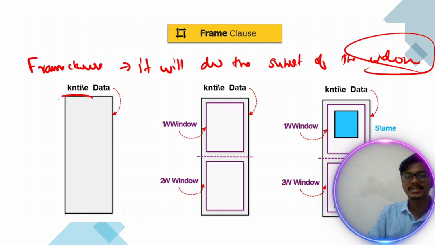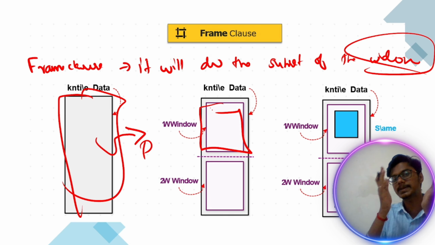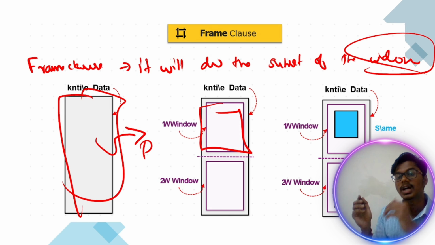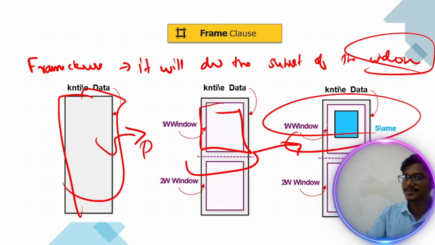Consider this is the entire data set. Within the entire data set, we do the partition by, which subgroups it into subsets of the data. Inside a subset of the data, I want to create another subset of the data. That's where the frame clause comes into the picture.